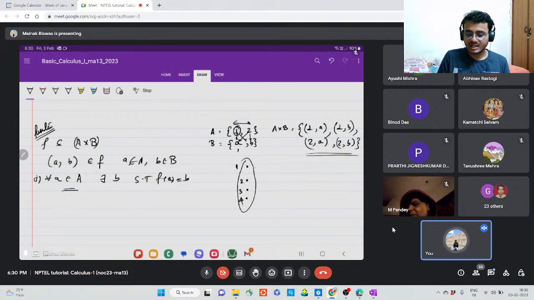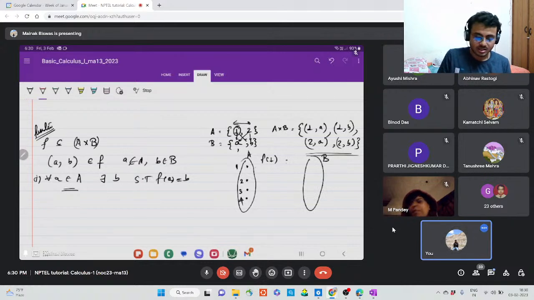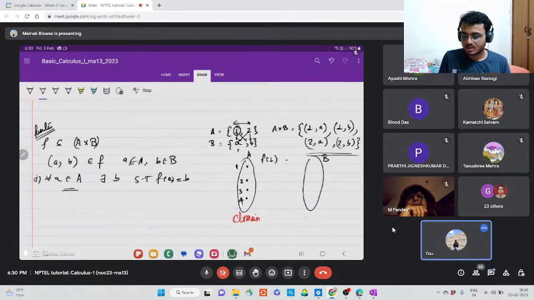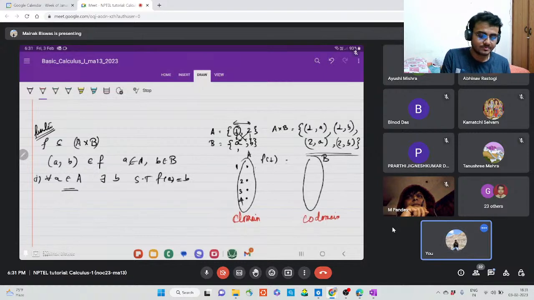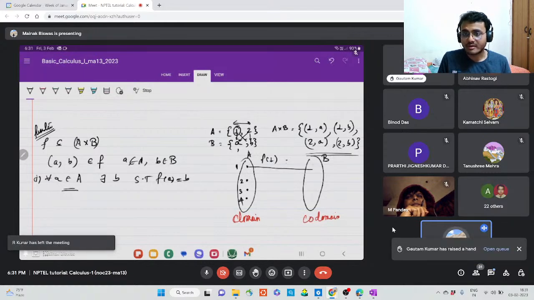For all these, f of 1 must have a value in B. This is the A set, this is the B set. This is known as the domain, and this is known as the codomain. Go ahead.